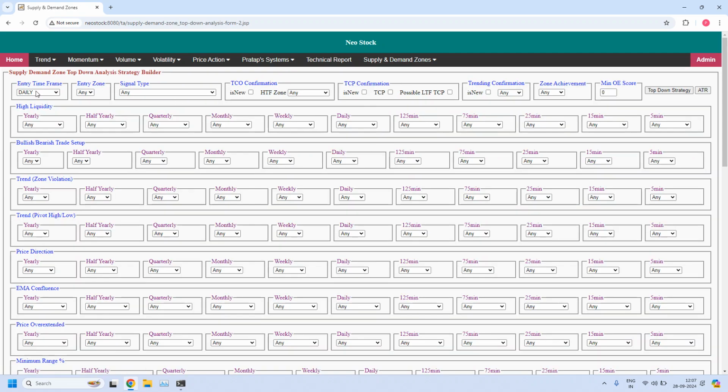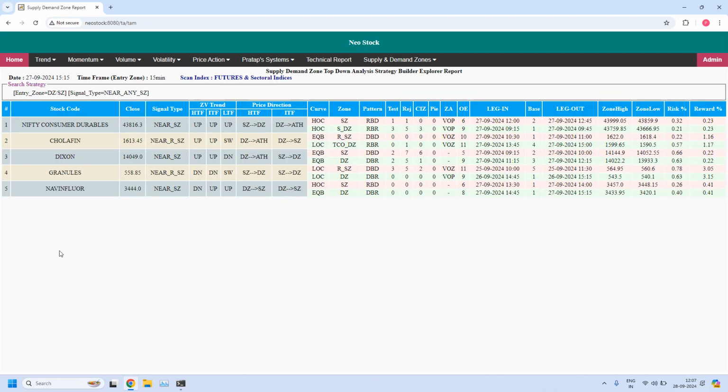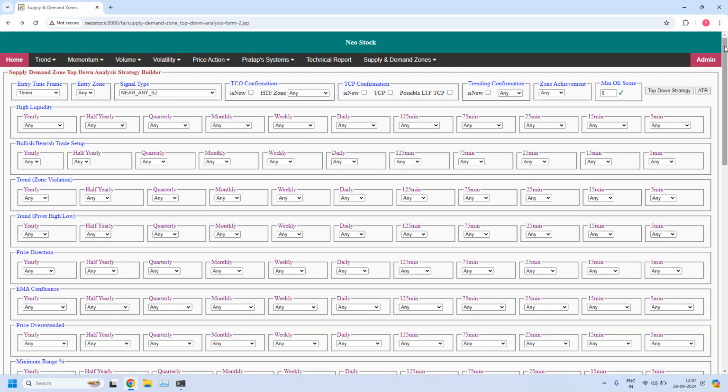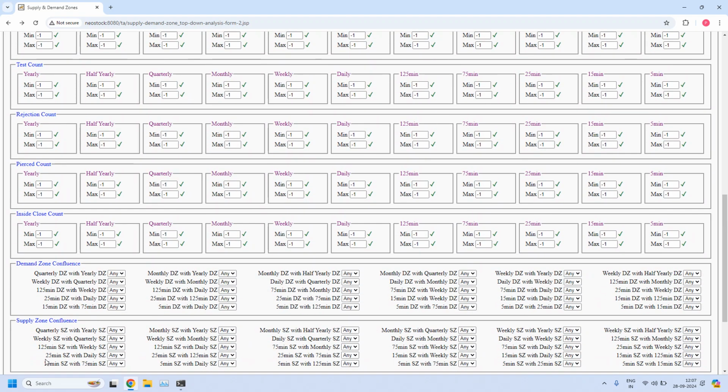Next, let us find for 15 minutes time frame the stocks near 15 minutes supply zone. 5 stocks are filtered. Let us verify supply zone confluence among these 5 stocks. 15 minute supply zone confluence with 75 minutes supply zone confluence.